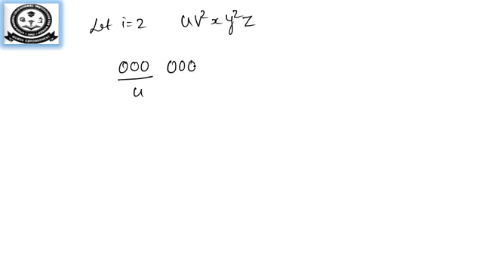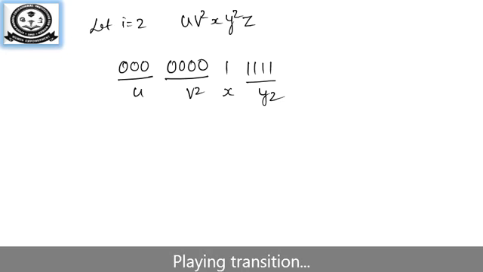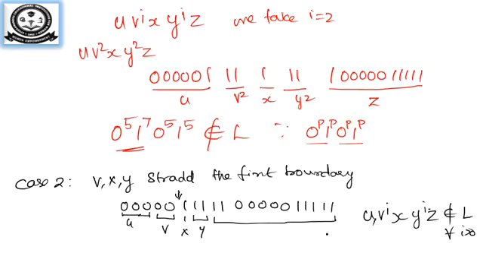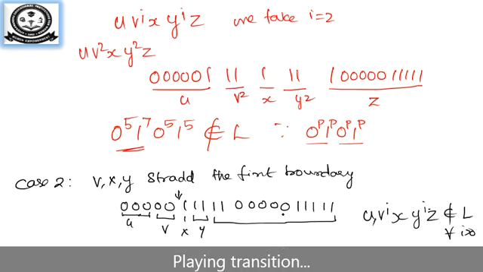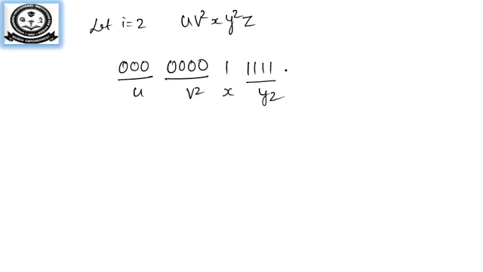So you'll write double zero as v square, and 1 is x, and double 1 is for y square. Now what is z? Double 1, 5 zeros and 5 ones. So this is your z.